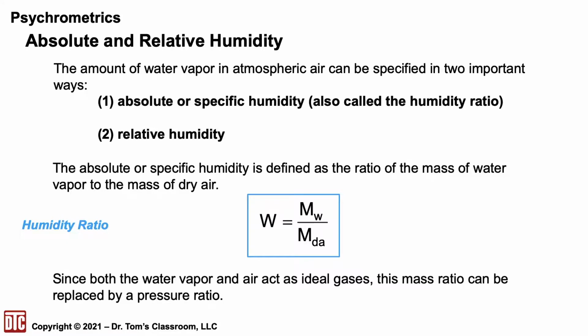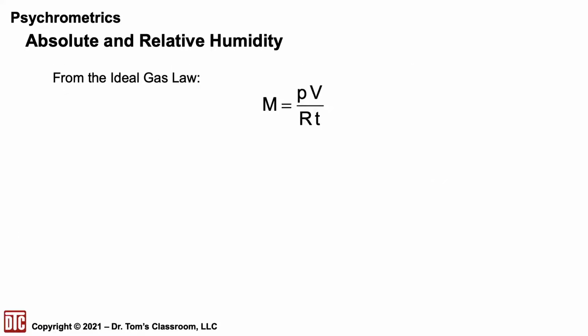Since both the water vapor and air act as ideal gases, we can play some games with these masses, and we can convert these masses into pressures. So we know from the ideal gas law that m equals PV over RT. You might have seen this as PV equals nRT, with n being the number of moles. But I can manipulate moles and I can get mass with that, with the molar mass.